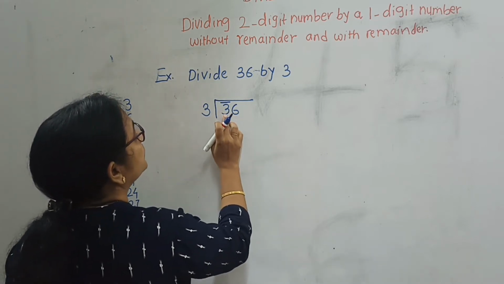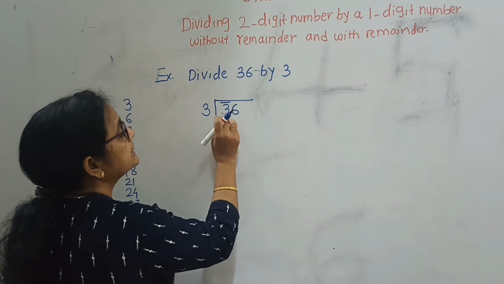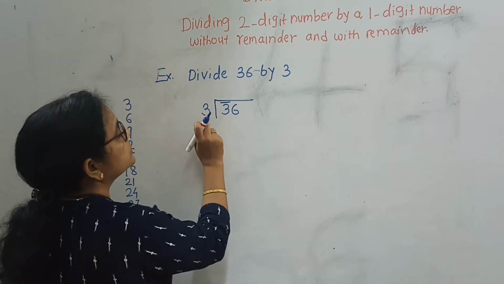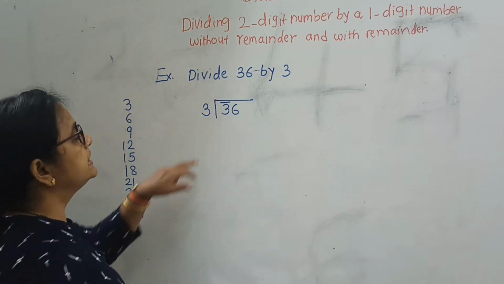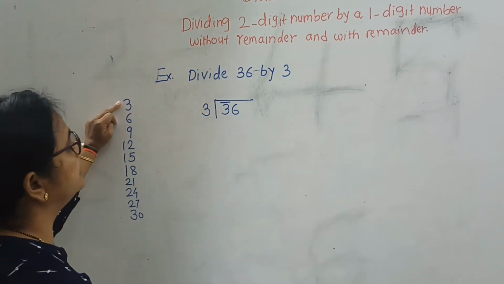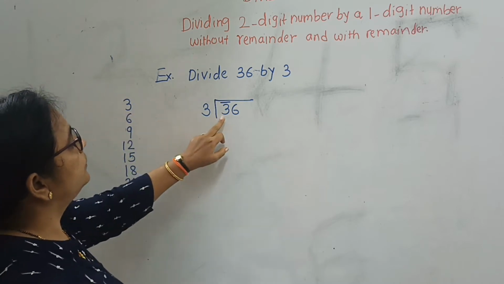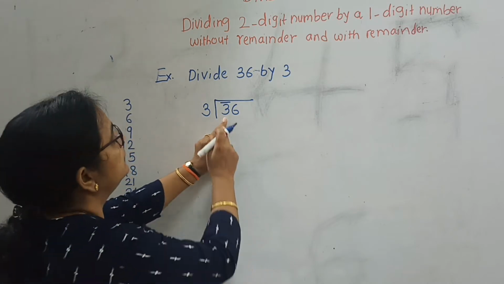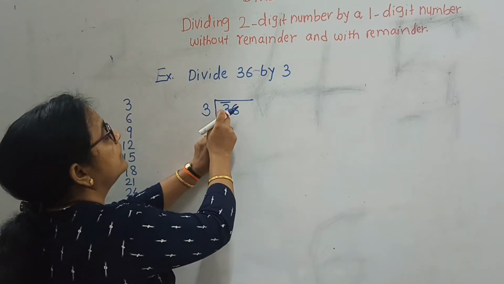So we will take the tens place number first. We have to see this number and recite the table till we get this number or we get a smaller number.